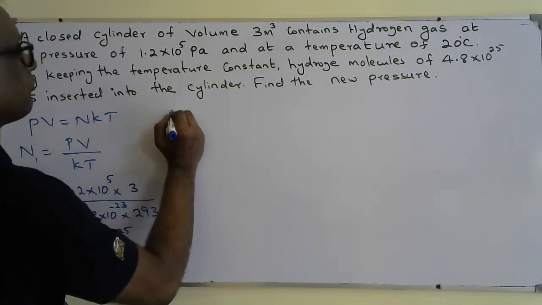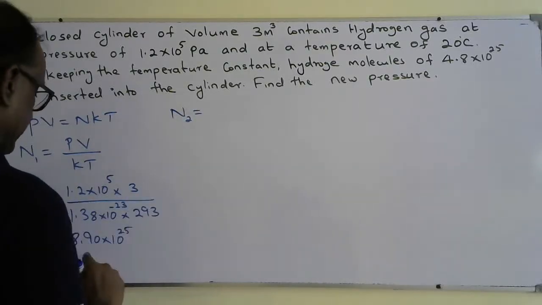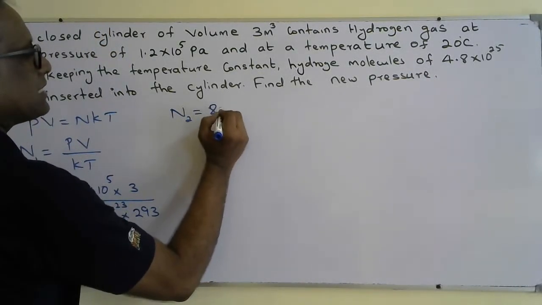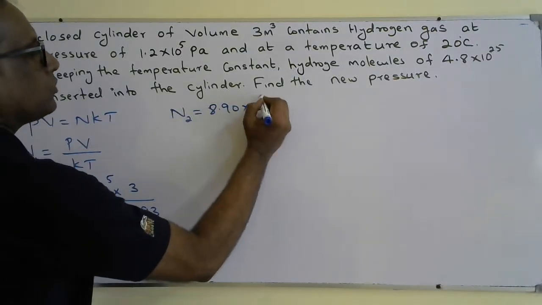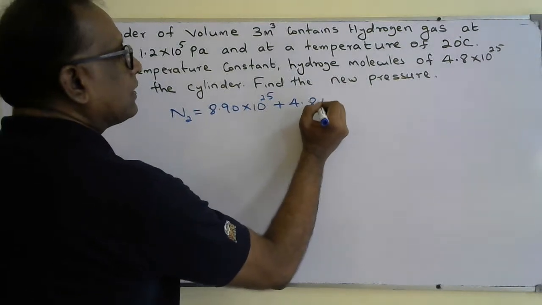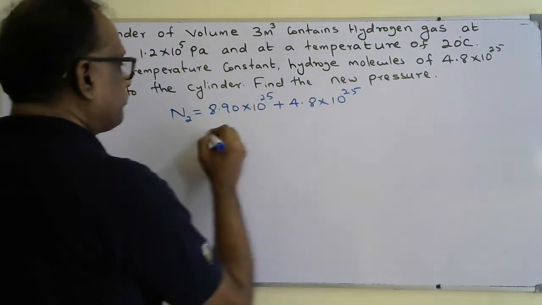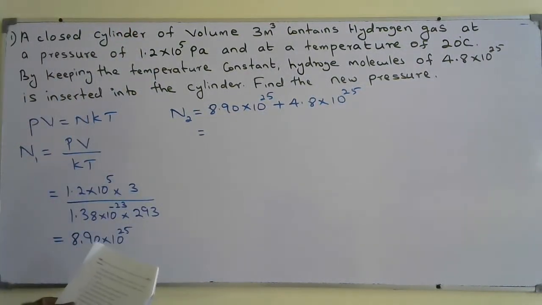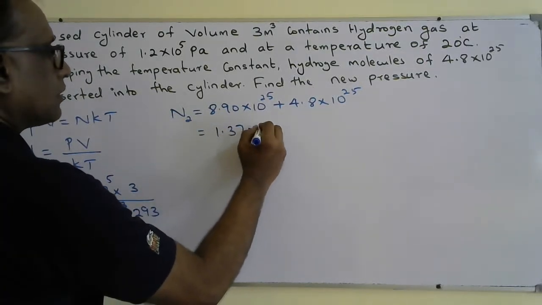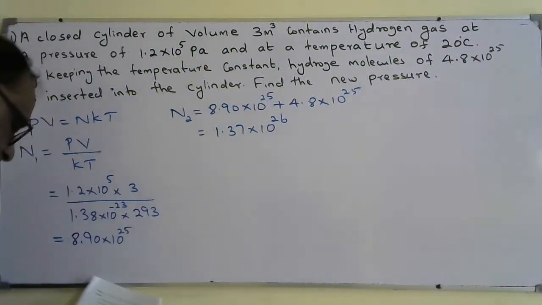Now finally the number of molecules is, we have to add this number of molecules. So 8.90 × 10^25 plus 4.8 × 10^25 will be equal to 1.37 × 10^26.